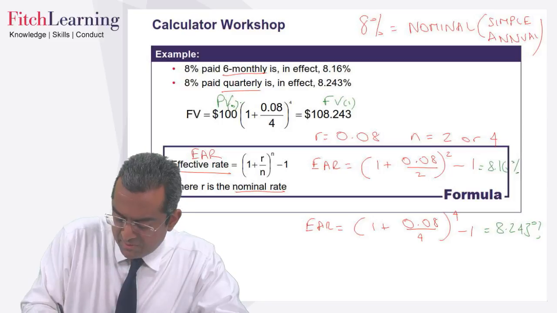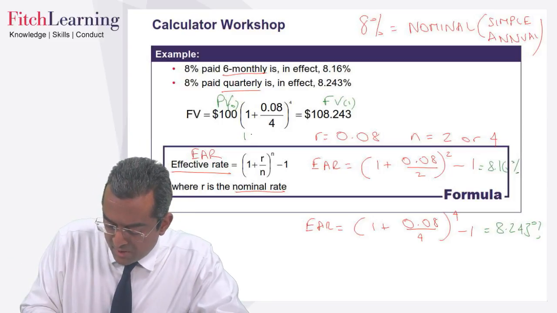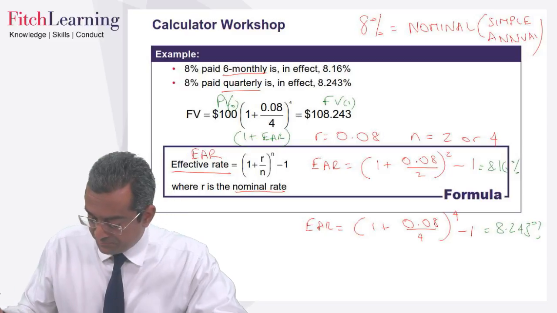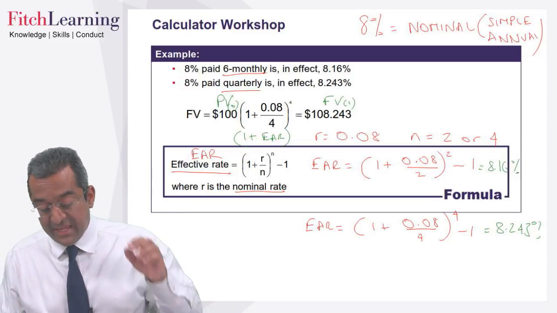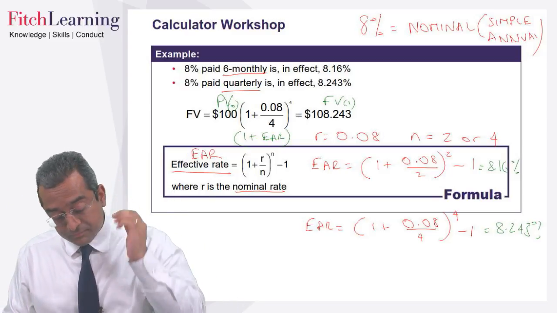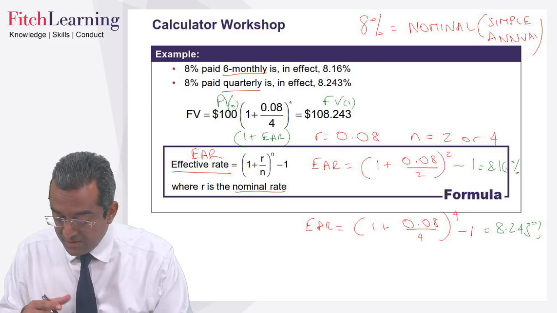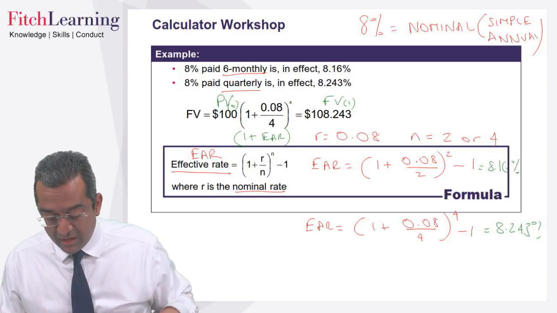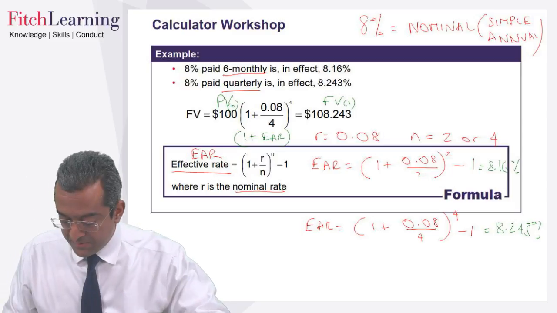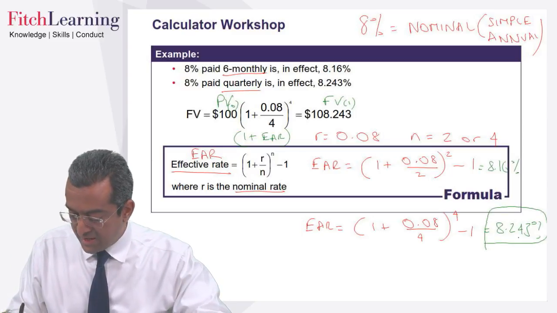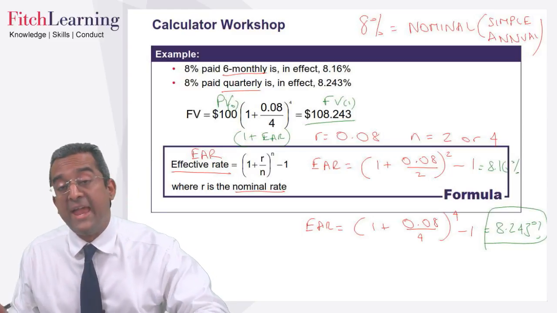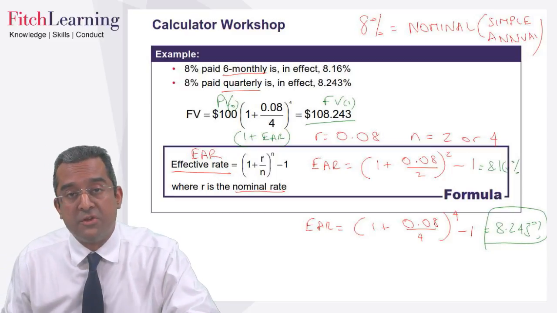PV at time 0. And the idea is I need 1 plus the effective annual rate to do it. 1 plus the EAR will do it, the compound rate. So indeed that's what this is. We know that that rate is, for 4 periods, 8.243%. So it's just saying, that is going to then, of course, give you $8.243 on top of 100.